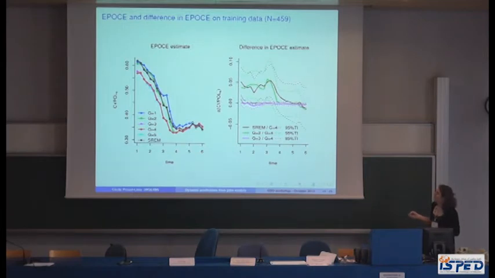And you can see that there are also some differences between joint models. If we look at the differences in EPOS, we can see that in this context, on this data, the joint latent class model with 4 latent classes was better in predicting the time to recurrence than the shared random effect model. This is just in this example.